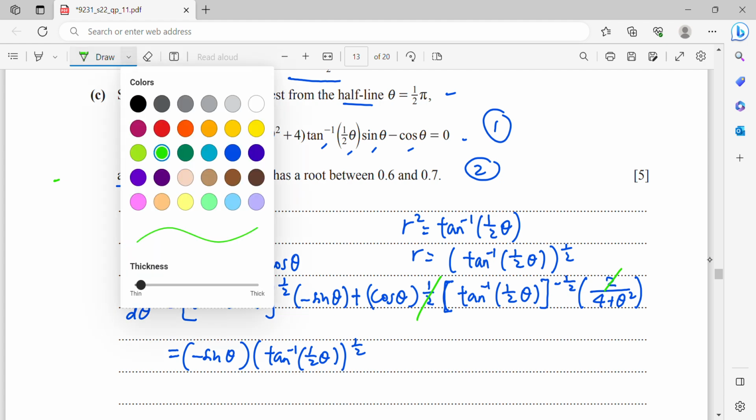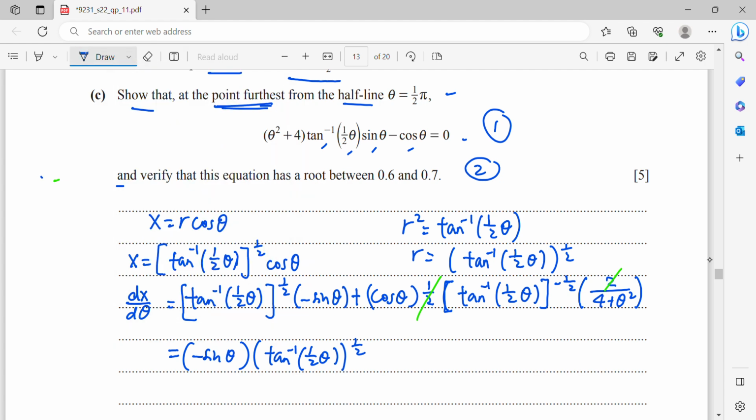So I will get plus cos theta over 4 plus theta squared. Then you see the negative power of half here, I will bring it down: 1 over inverse tangent half theta, then to the power of half, with the half at the back of everything.